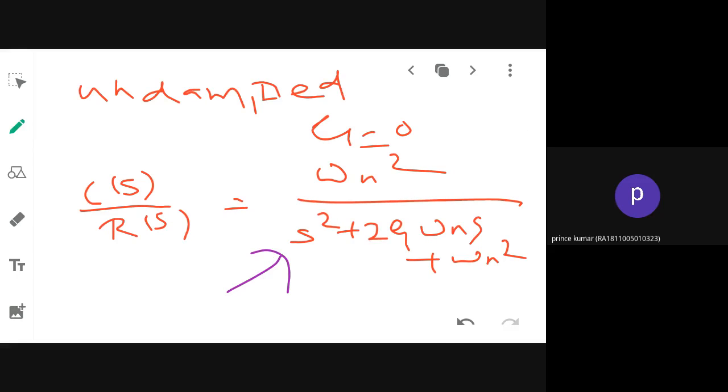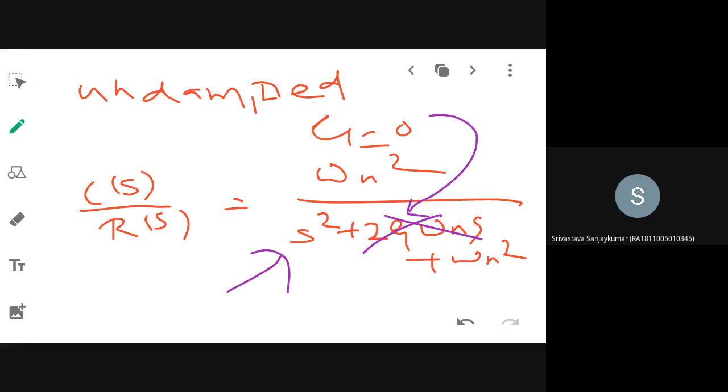That is your general transfer function representation for any second order system. In this, you are going to substitute what value for zeta? 0. If you substitute zeta as 0, then what will happen to the equation? The 2 zeta omega n s term will get cut.